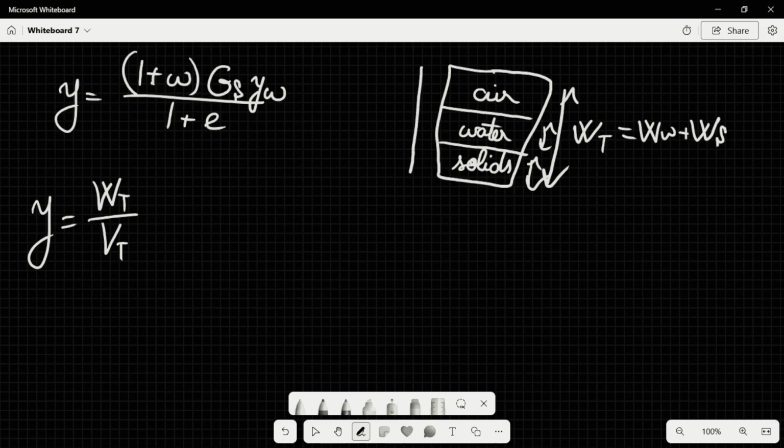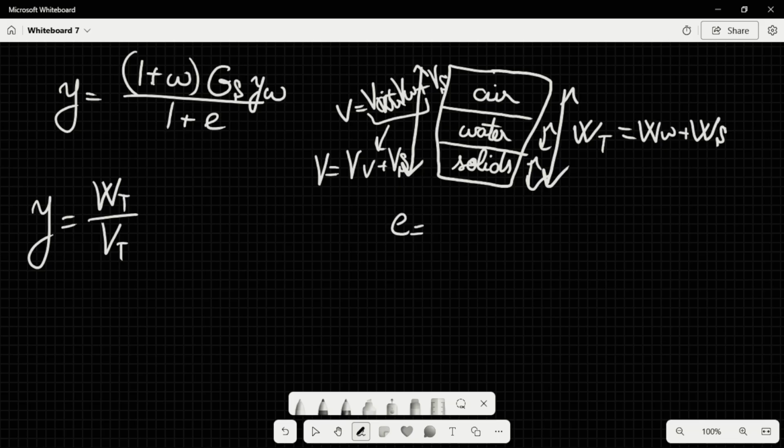The total volume is equal to the volume of air and water, so we'll call the first one V air plus V water plus V solid. So as I said, V air and V water, we can call this V void. So in reality, the total volume is equal to the volume of voids plus the volume of solids.